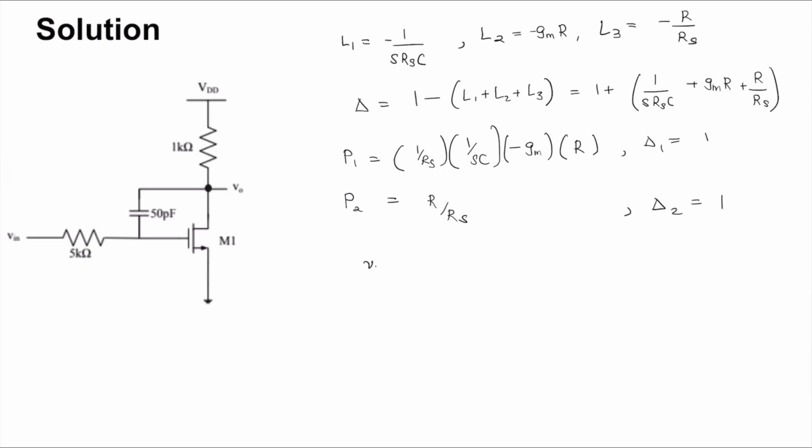Finally, we get V0 by Vi using Mason's gain formula as P1 delta 1 plus P2 delta 2 by delta.